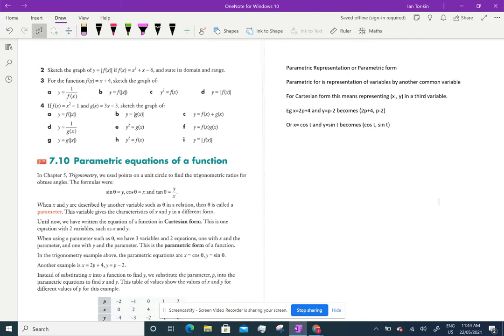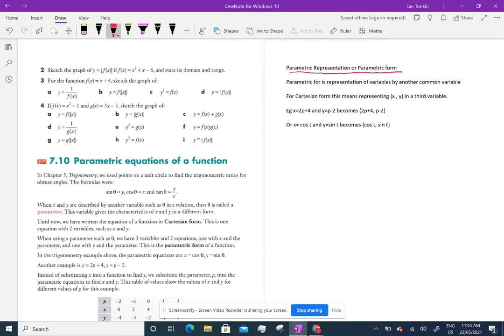They're pretty good. But if you want a shorthand version, parametric representation, or as they call it, parametric form, is writing variables by another common variable.